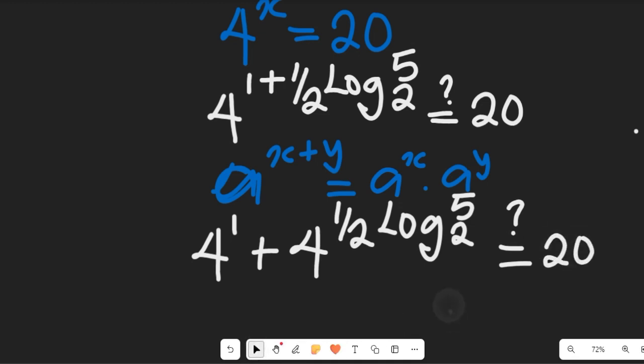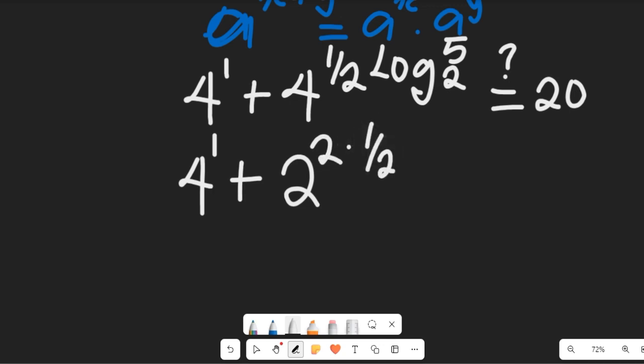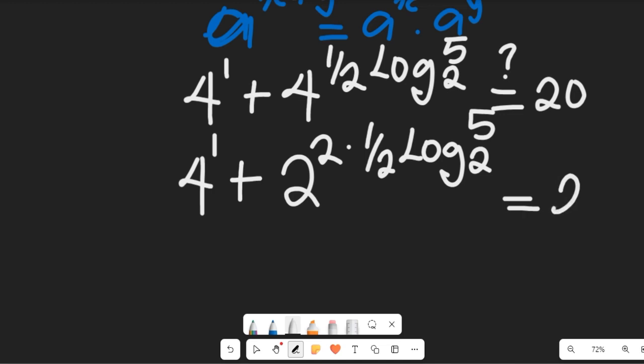Now let's check that out. We'll have 4 to the power of 1 times, this is going to give us 2 to the power of 2, which is still 4, multiplied by 1 divided by 2 log of 5 base 2. Would this be equal to 20?